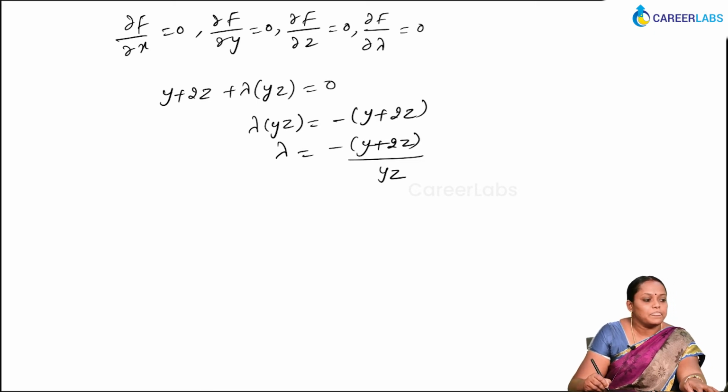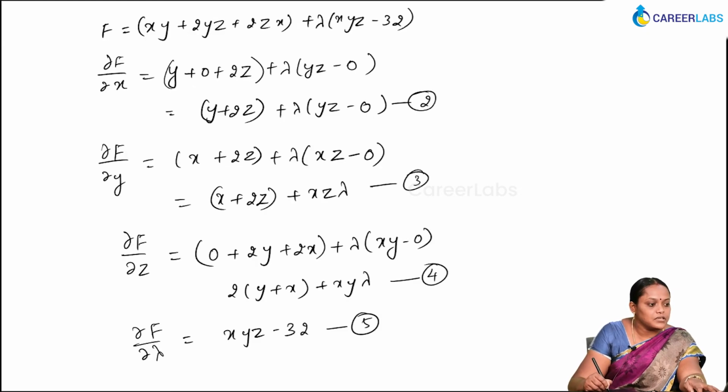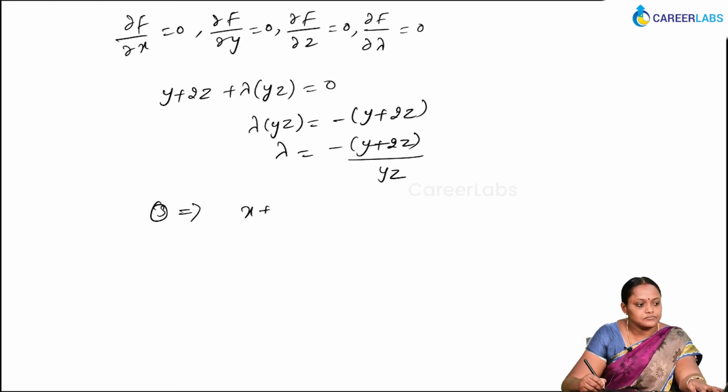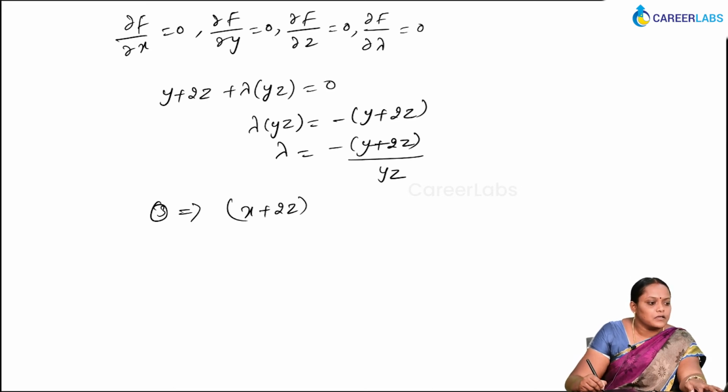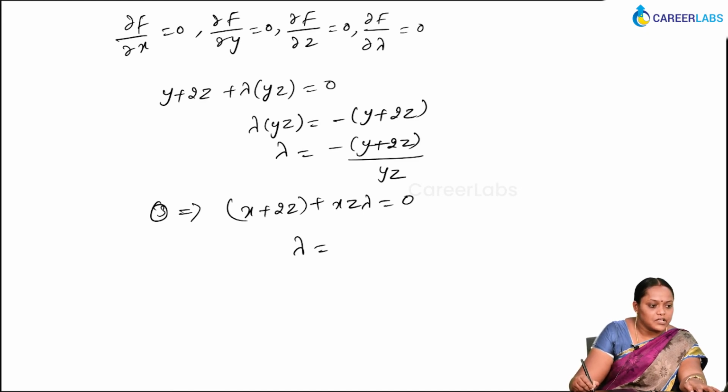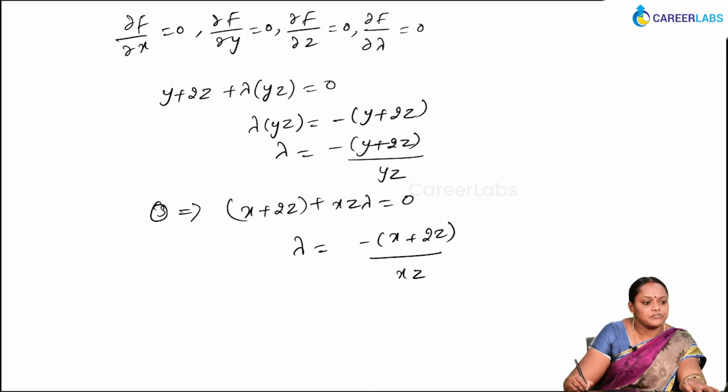Now similarly, dou f by dou y equal to 0, that is nothing but equation number 3. So equation number 3 gives x plus 2z plus xz into lambda equal to 0. Therefore, the value of lambda is nothing but minus of x plus 2z by xz.